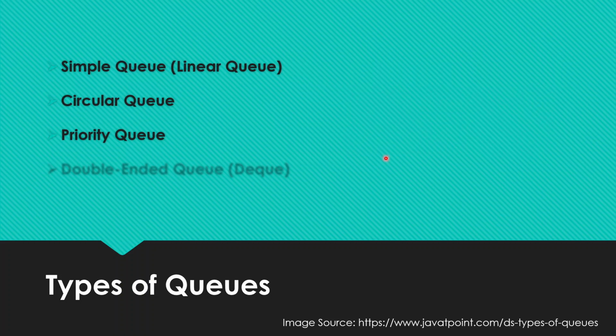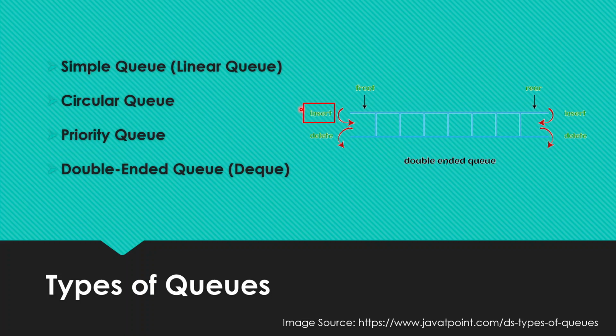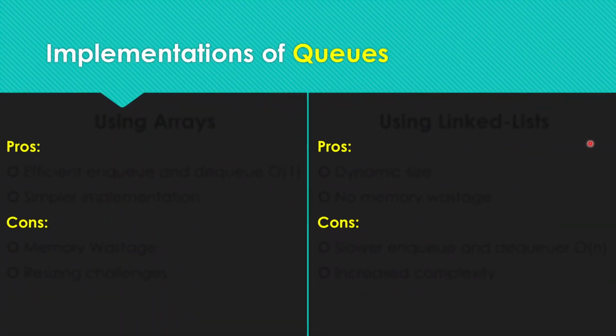Then we have the double-ended queue. With the double-ended queue, I know this is not very clear, but you can actually enqueue or delete from either side. So that's what is called a double-ended queue, and it also has its own unique applications.